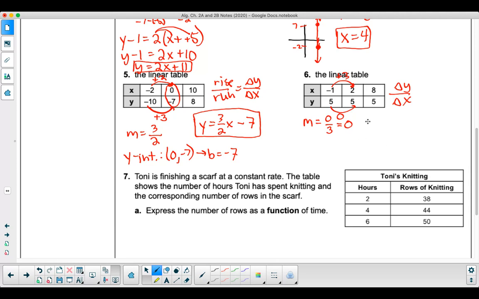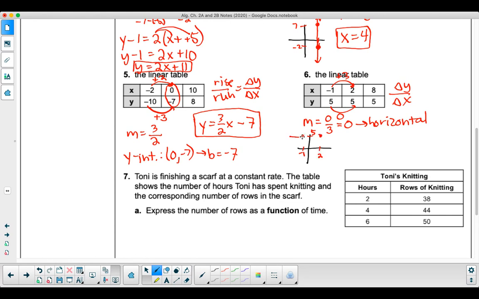So if your slope is 0, you have something called a horizontal line. Okay, if you have a horizontal line, let's just graph those 2 points so you can see. If you have a horizontal line, let's see, -1, 5, and then 2, 5.